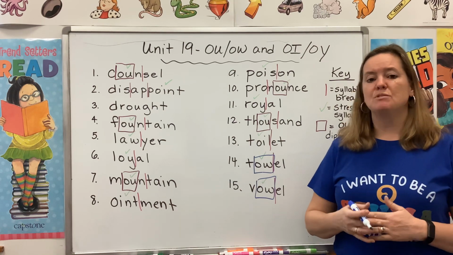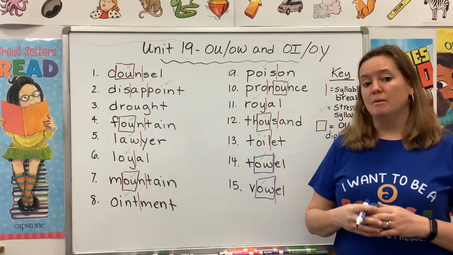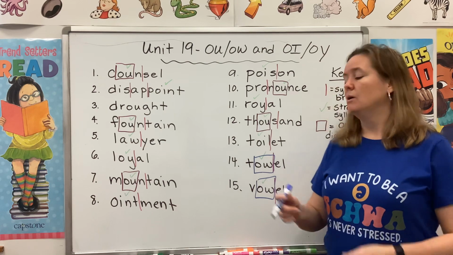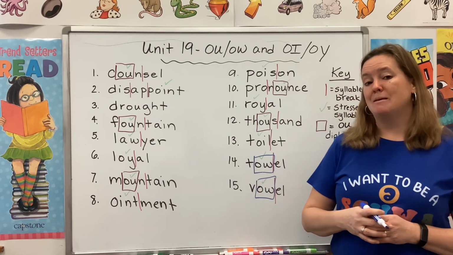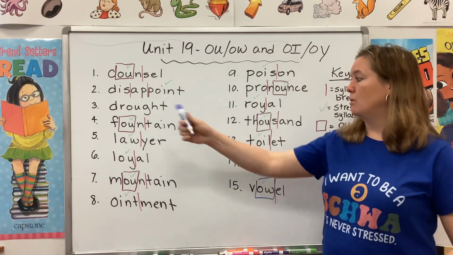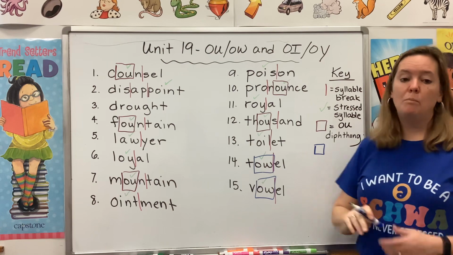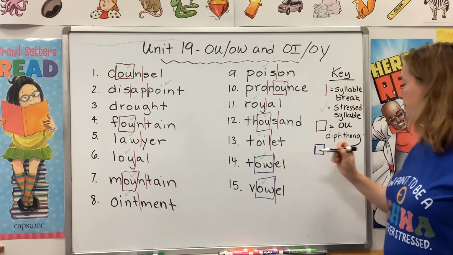Yes, there are exceptions, words like clown and brown and town, but for the most part, if a word is ending with an ow sound, we're going to use OW. And if it has an ow sound in the middle of the syllable, we're going to use OU. Hopefully, that will make things a little less confusing for you.